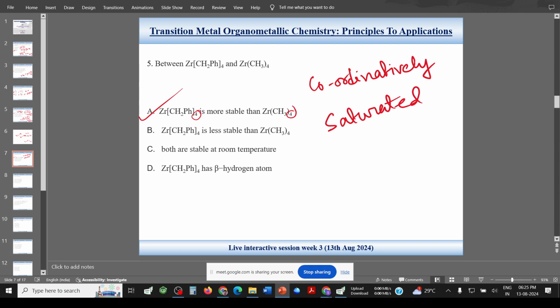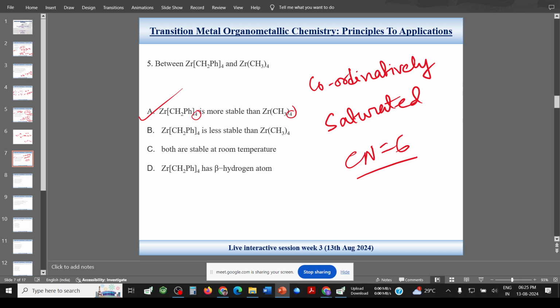Now I have said in previous questions that coordinative saturation is with respect to coordination number 6. If it is less than 6, we can say that it is coordinatively unsaturated, because most of the transition metals in the first row or higher show 6 coordination number, which is most preferable.